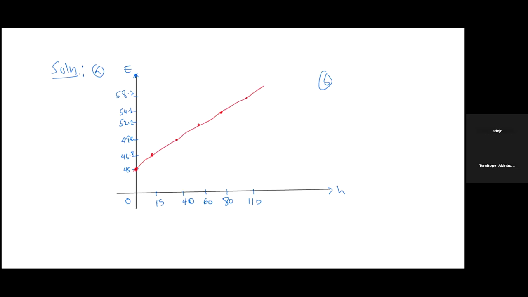So if you now want to answer question B, you will now say that from the graph, all the points lie on the line.